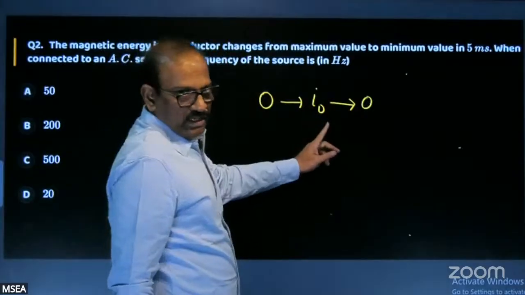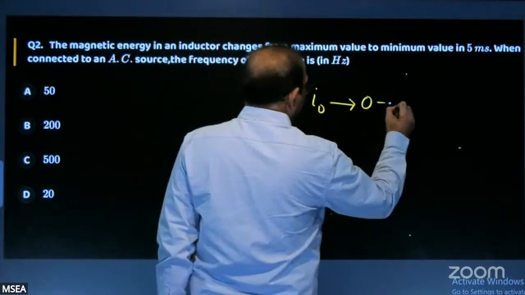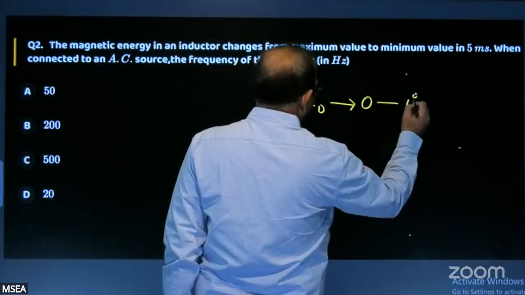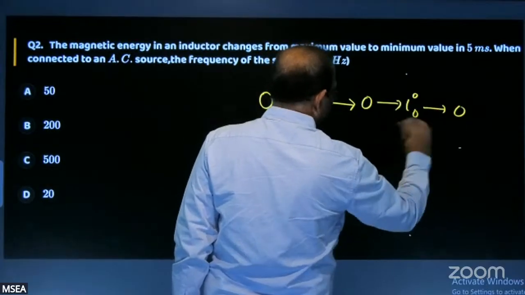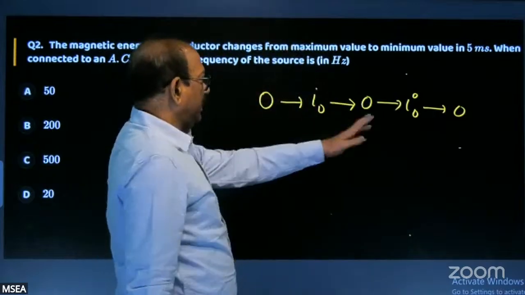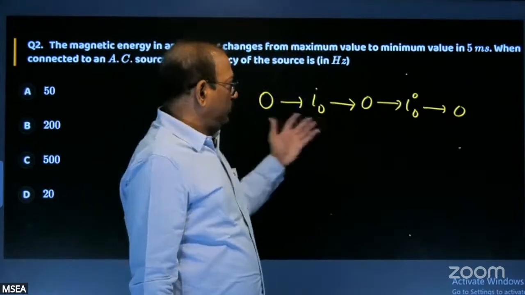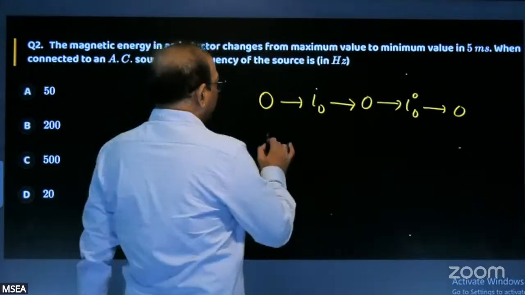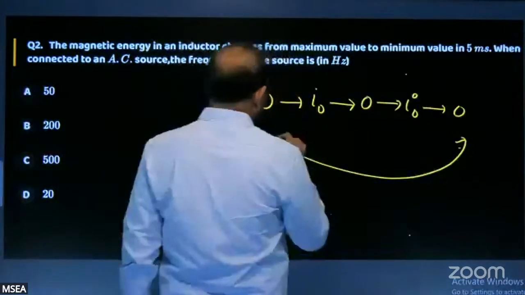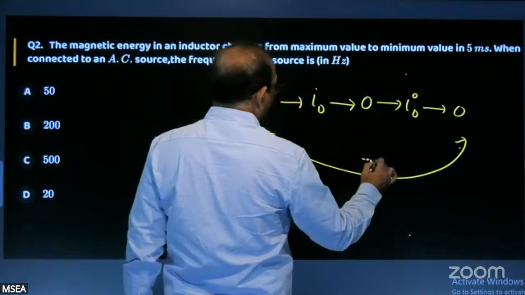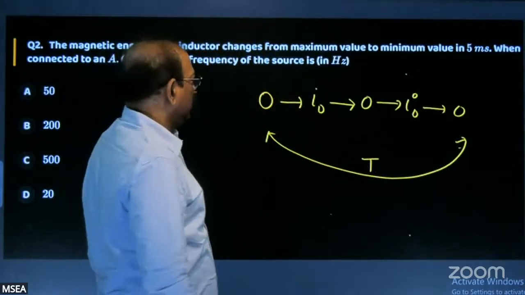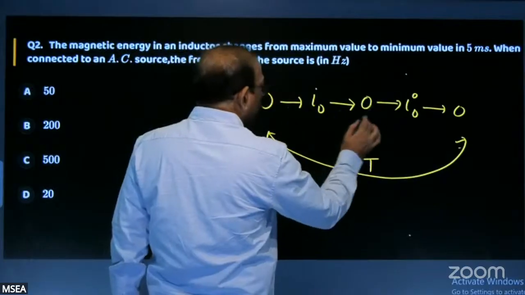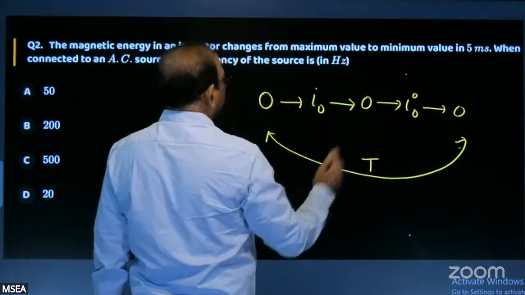This is a half cycle. Then again it increases from 0 to I naught and decreases to 0. This is the next half cycle, positive half cycle and negative half cycle. So this is one full cycle. The time taken for this full cycle is called the time period of that AC source. Then there are 4 intervals.